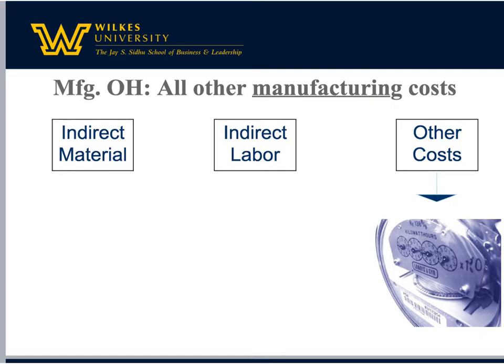For example, other manufacturing costs are costs not easily traceable to the finished goods. You could have property taxes, insurance, depreciation, etc. So I've got the utilities here. Because a utility is used in manufacturing, you certainly have to pay your electricity and your heat, but you can't directly trace it to a product. So it's very easily a manufacturing overhead item.